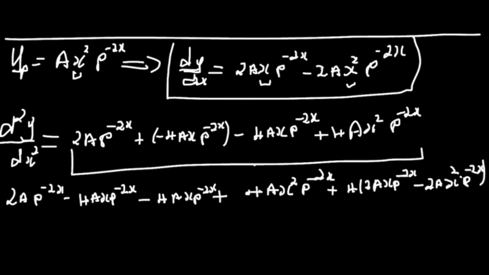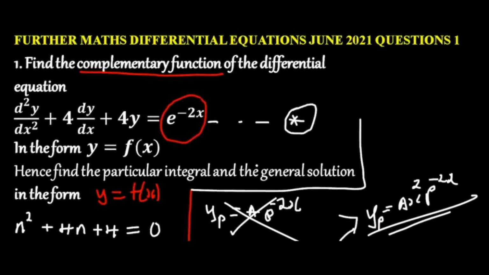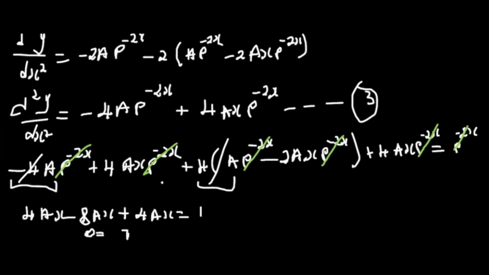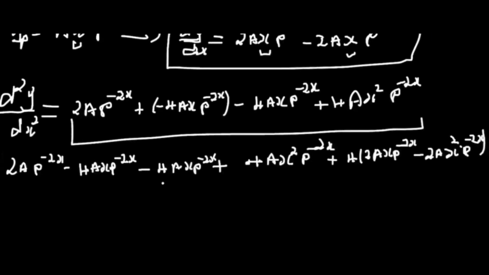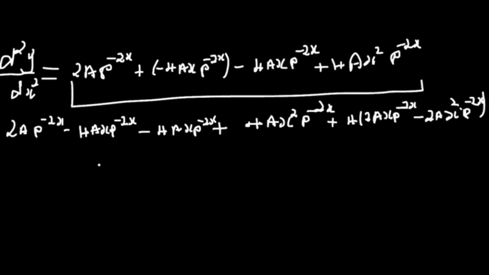So if we look at that, plus 4y, our y is ax squared e to the minus 2x. So this will give us equals to e to the minus 2x.